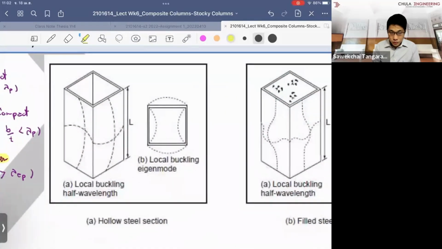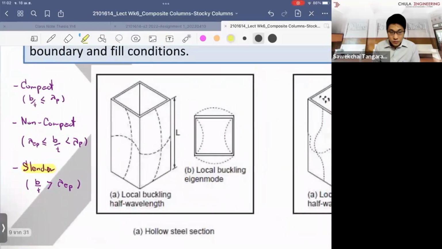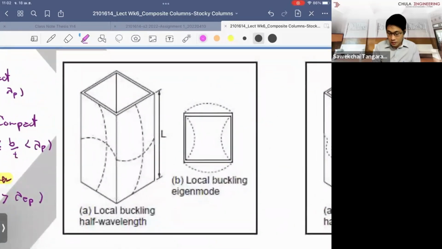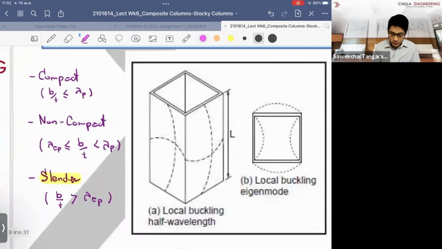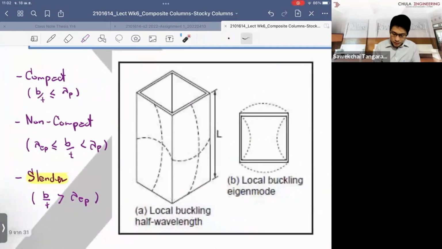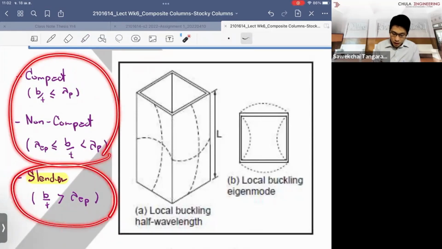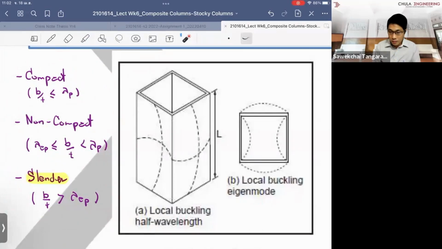But before I go through this, let me explain to you the overview of the cross section, the meaning of it, right? When we have the non-compact, they're saying that in the columns, they're looking at the difference between the slender and also the compact and non-compact.